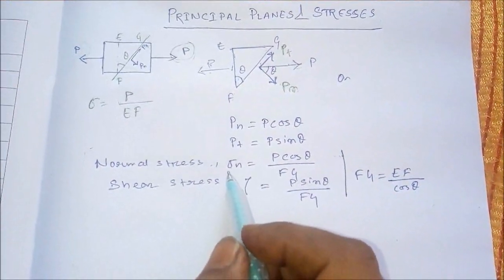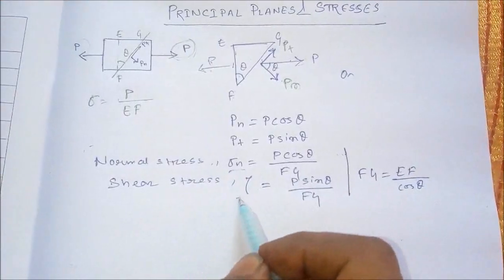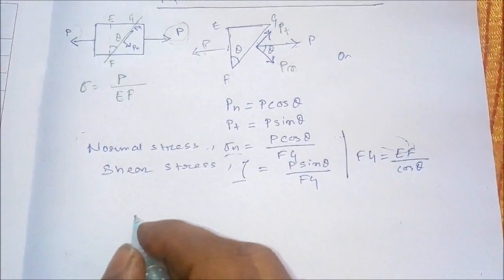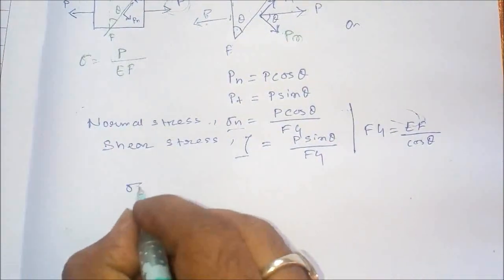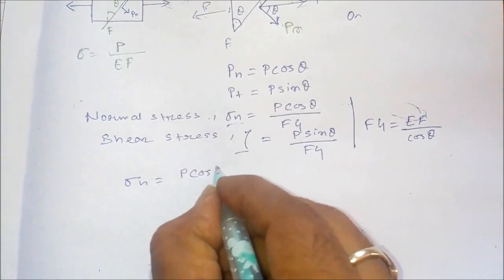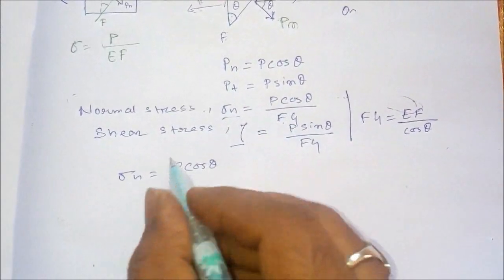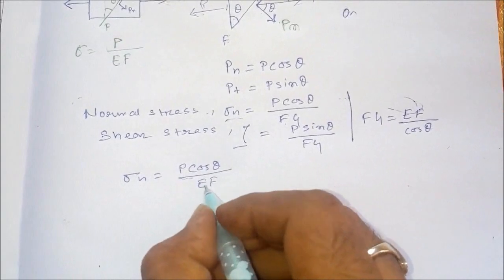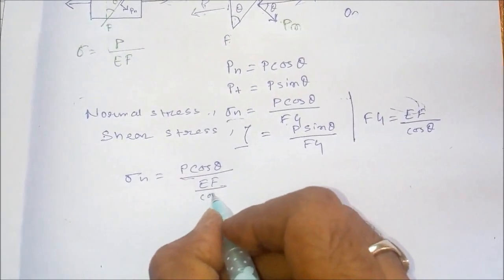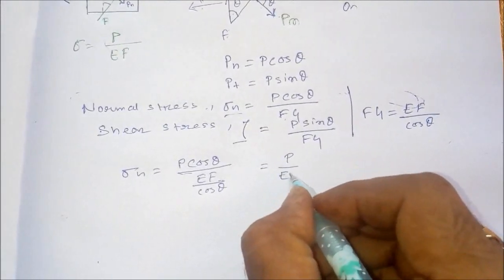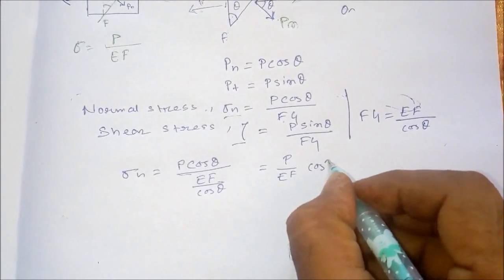So we get the values of sigma n and tau with respect to this EF. We are getting sigma n equal to P cos theta; if we put the value of FG over there, we get EF divided by cos theta, that is P by EF cos square theta, right?